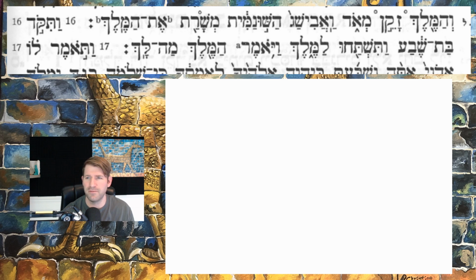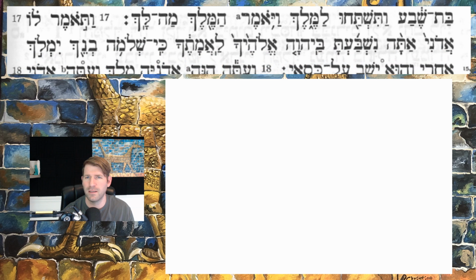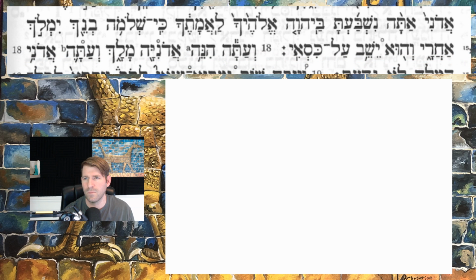You know what? I think we've got time for that one pretty quick. Vatomer lo. Okay, Vatomer lo, and she said to him, and then the quote starts. Adoni ata nishbata badonai Elohecha la'amatecha ki Shlomo v'nech yimloch acharai v'hu yeshev al kis'i.